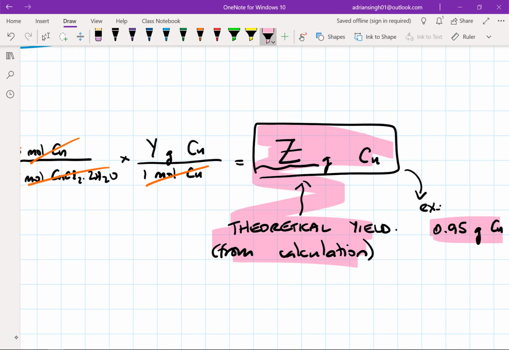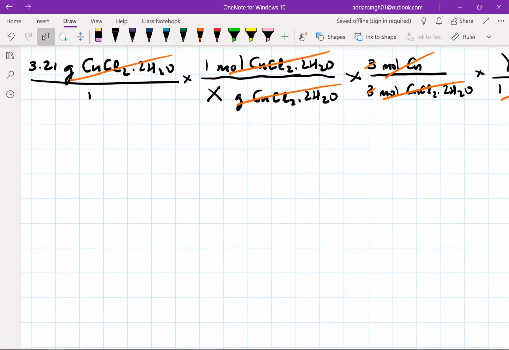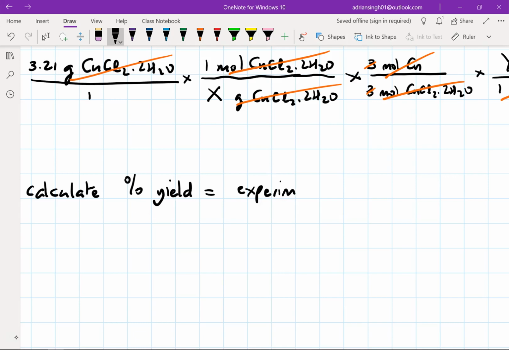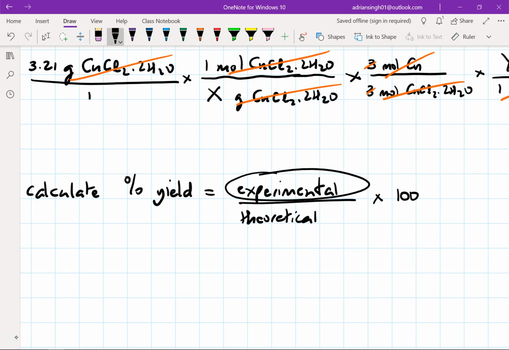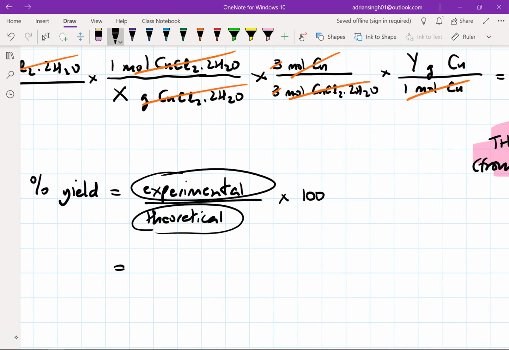So this here will be your theoretical yield. The last thing you do in your calculations is calculate something known as the percent yield, and that is equal to the experimental divided by the theoretical times 100. The experimental is how much you collected in the lab. The theoretical is how much you calculated through the stoichiometry, and we simply plug those numbers in.